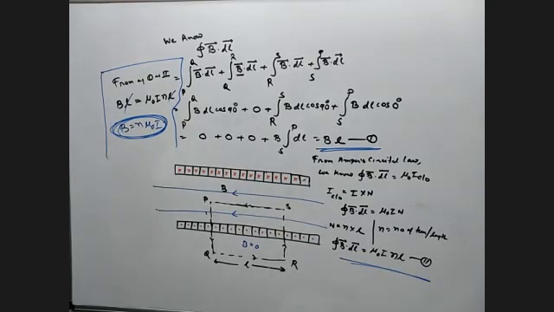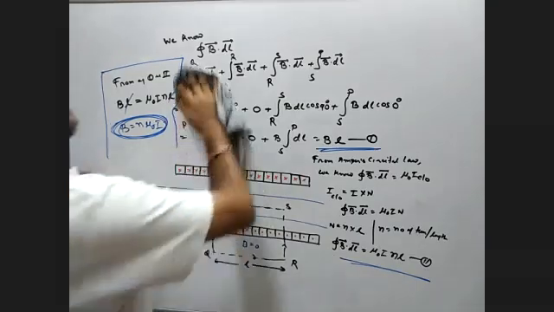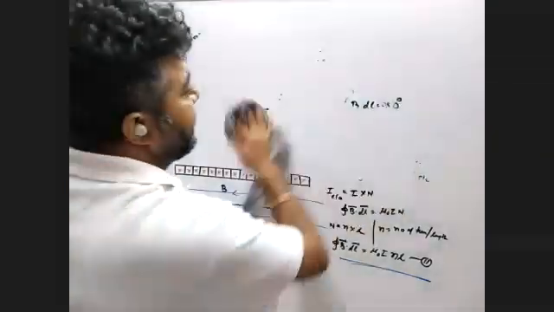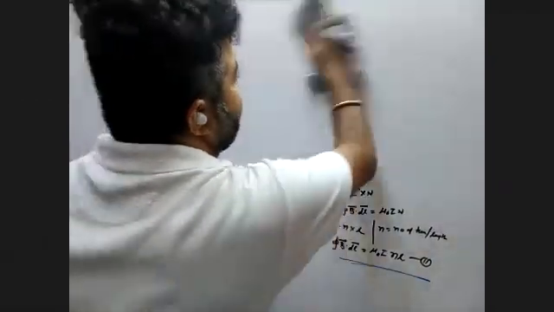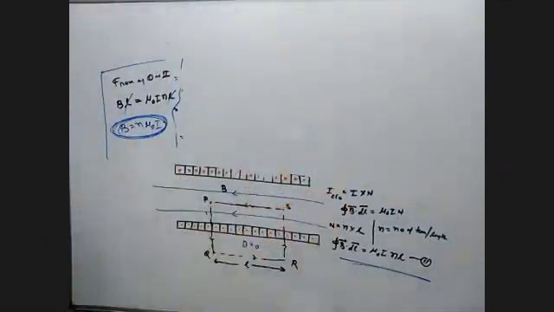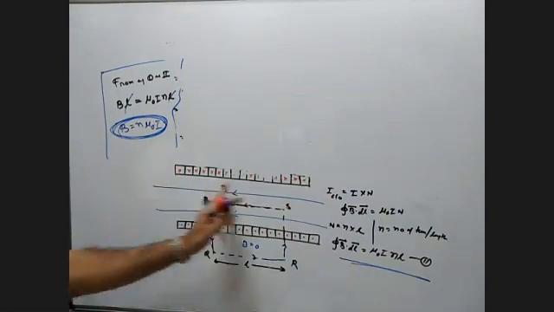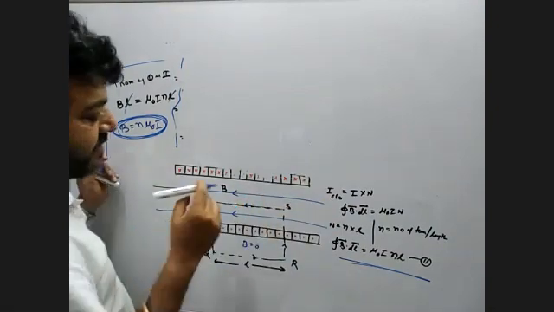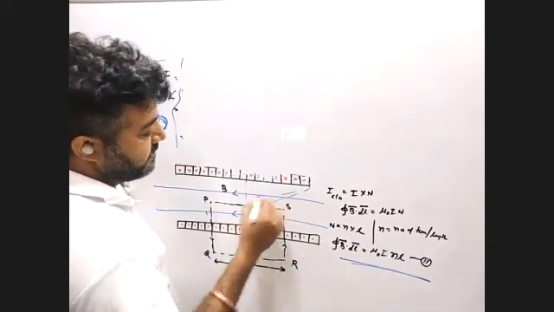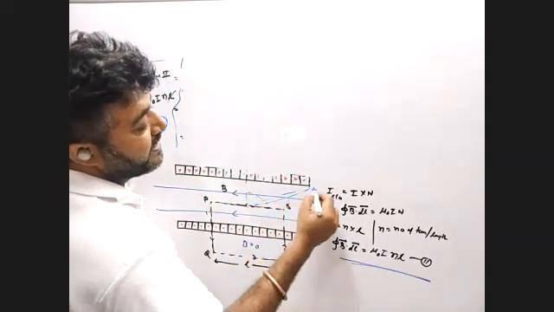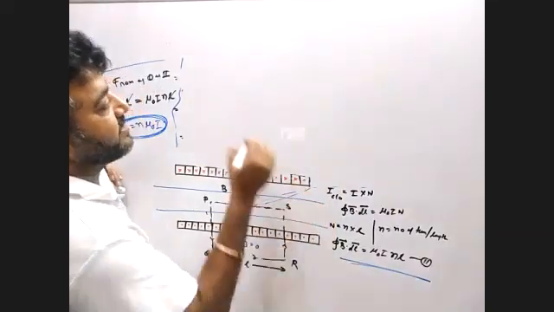Acha, with this proof, the examiner can give you something in the entrance exam, not in the board exam. Here we suppose the length of the solenoid is very, very large, infinity. If this is my middle point, let this angle be this. If it is infinitely long, this angle is increasing.